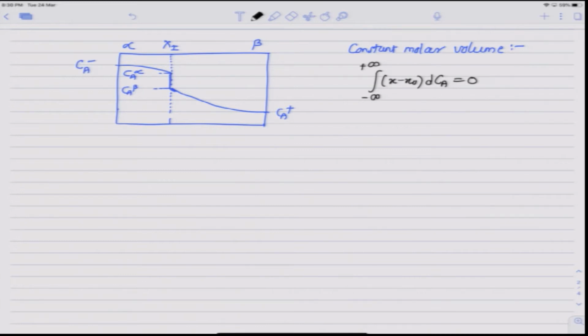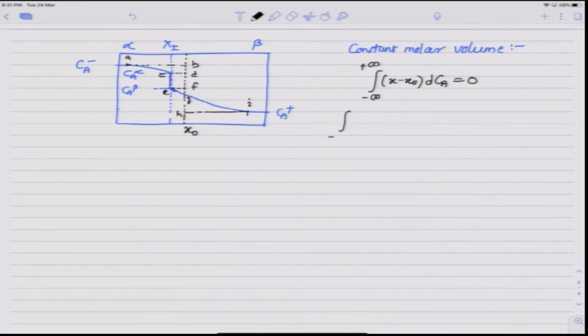Now, to understand this, let us split this integral at different places. Let us label these points A, let us say this is the position of Matano plane x naught, this is A, B, let us call this C, D, E, F, G, H and I. Let us split the integral at the discontinuity in the concentration profile at the interface.